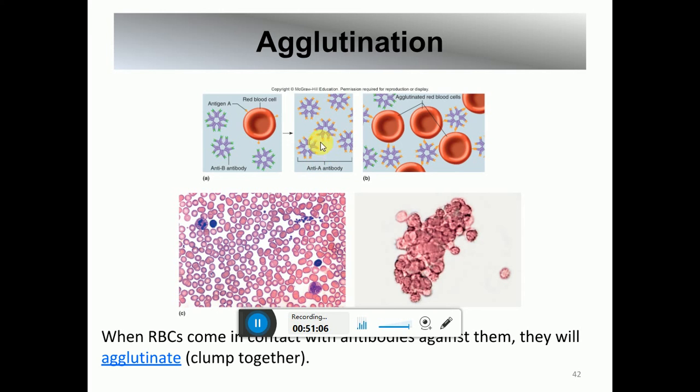Now these anti-A antibodies are going to start attacking the antigen A on the surface of this red blood cell, and that will lead to clumping or agglutination of the red blood cells. Basically the antibodies are going to destroy the RBCs, and that is known as an incompatible blood transfusion, which can be fatal.